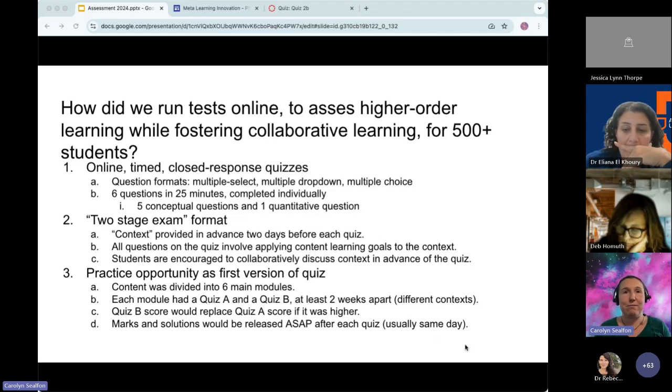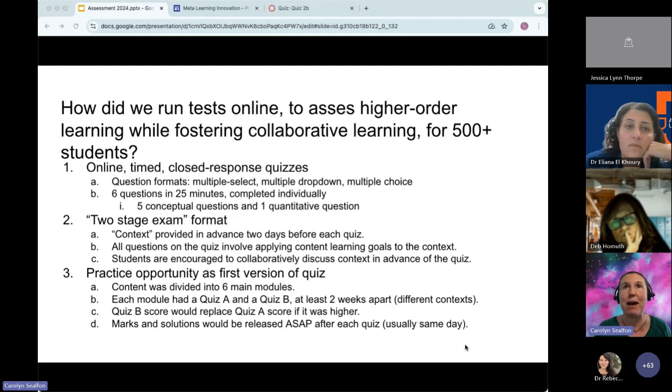If they did better on quiz B, then quiz B would replace the quiz A score. And because this was all automatically assessed, we could provide very, very timely feedback. And I can share, this is where my quizzes are if you want to know more about them. I will share a little bit here too.